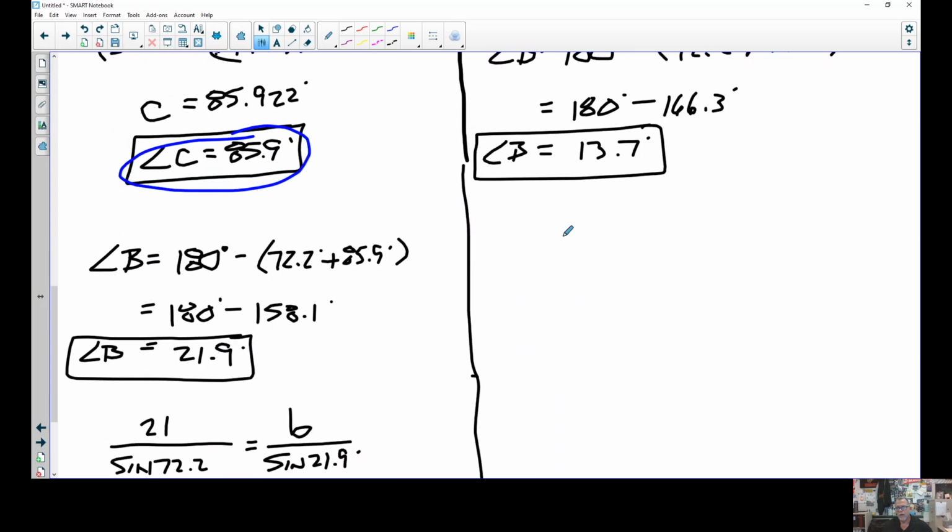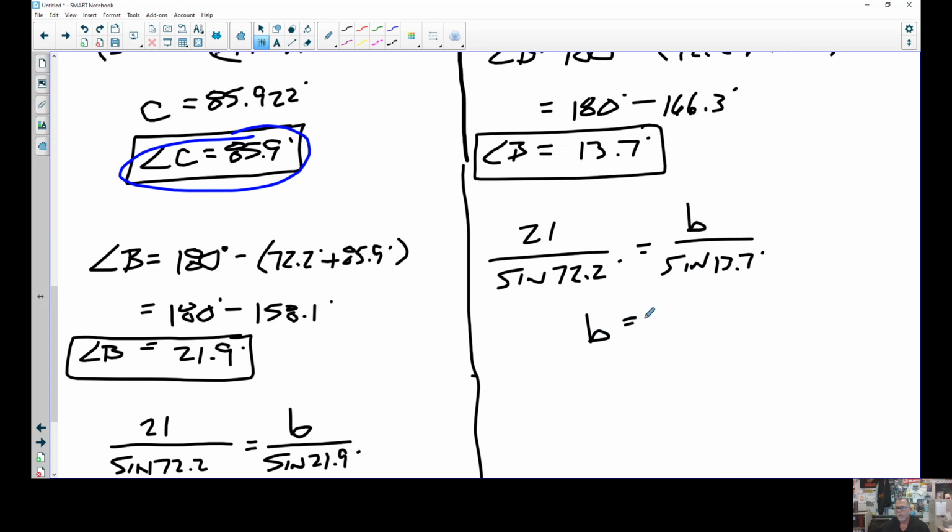We have both angles here. We got to find the side that's missing. So here we do the same thing. I do 21 over sine 72.2 degrees, and that's equal to length B over sine of B, which is 13.7 degrees.